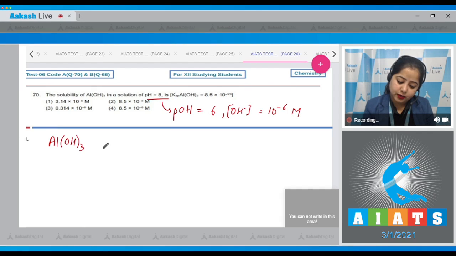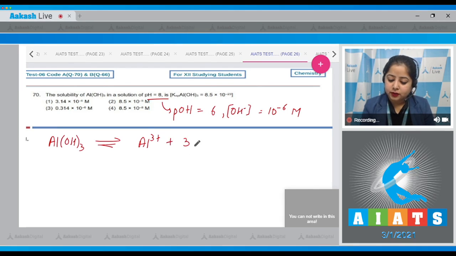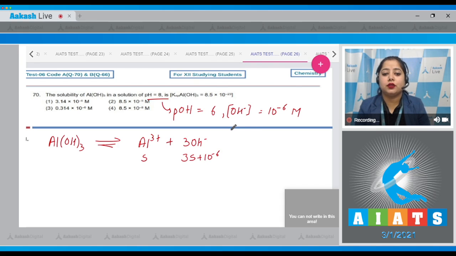So aluminium hydroxide is equals to aluminium 3 plus plus 3OH minus. Let's assume the solubility of aluminium hydroxide as S mole per liter. So this is S and this is 3S plus 10 to the power minus 6, because it's already given that the concentration of OH ion is 10 to the power minus 6.